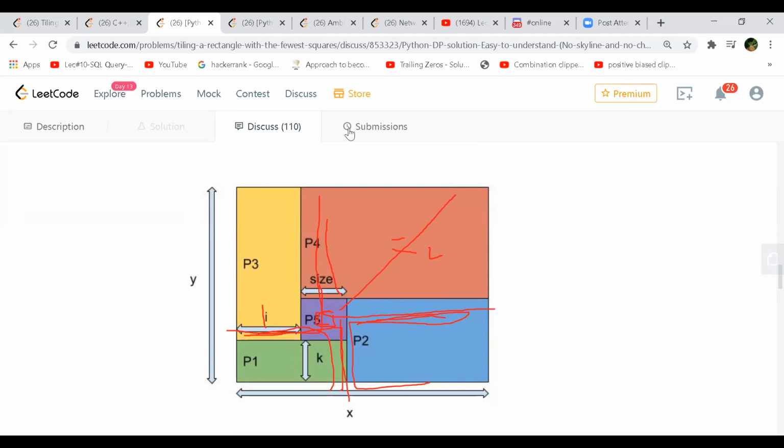Because it will go out, you can't expand on top if you start from 0. Don't you need to know the position of P5 to know the size of P4 or P3? You don't need to know the position. Well, I don't think so, because then they all fall in that place, right?